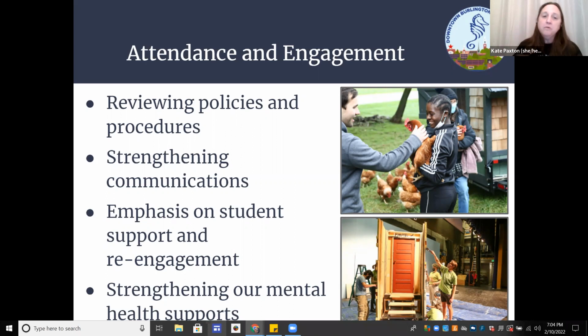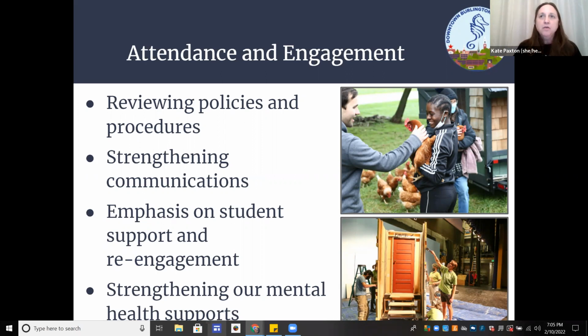So we want to maintain the importance of schools having their own individual ways of doing things that have evolved for good reasons, as well as the need to have some consistency, so that we are consistent with our expectations for students across the district, and we're also being fair. I think a piece that we've been looking at and working on is our communications with families around attendance.